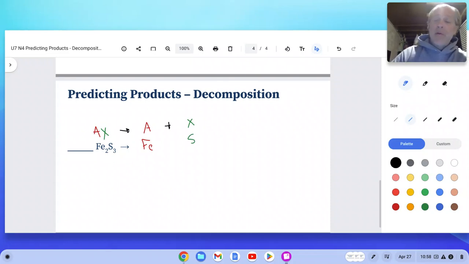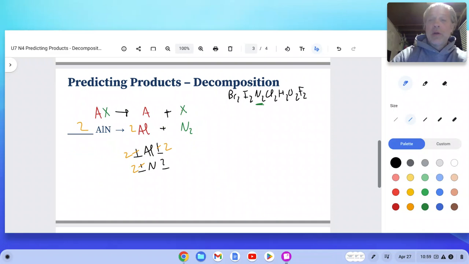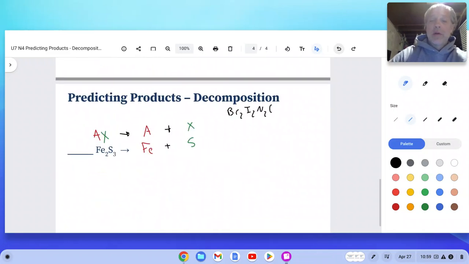And now, before we go any further, we should check to see if either of these elements need a 2. So we're going to check this list: Br2, I2, N2, Cl2, H2, O2, F2. Fe, iron, not in the list, so we're not going to add a 2 to it.